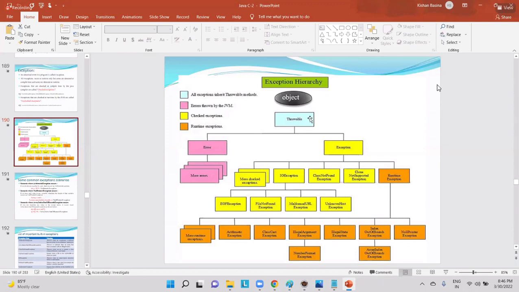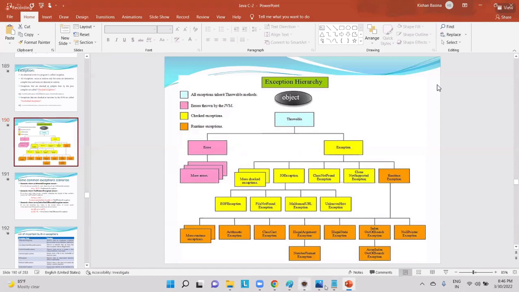According to the inheritance concept, all these will be child classes for Throwable. Can child classes access Throwable class methods? Of course, 100%. Guys, a child class can access parent class methods.